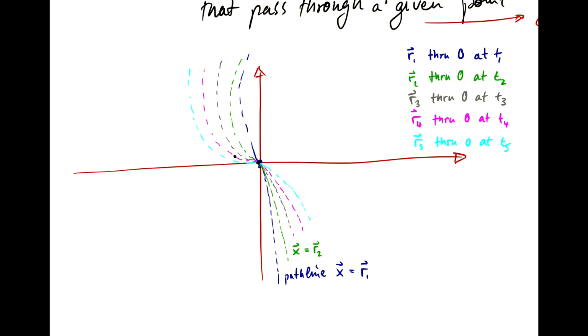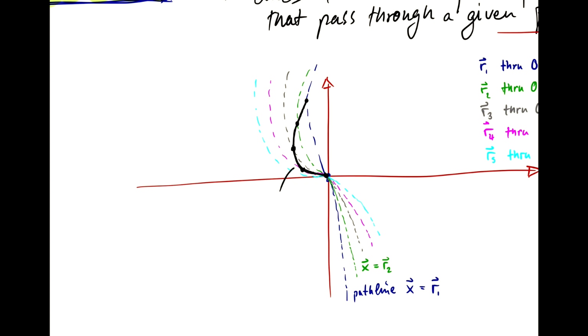r3 is further along even. r2 is up here, and r1 would be up there. So the streak line at t5 would look as follows. This is the streak line at t equals t5, where, for example, the green dot here is the location r2 at time t5.